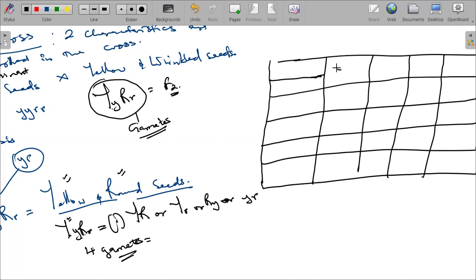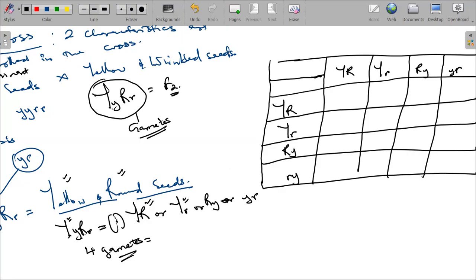So I can take YR, I'm taking this one. I can take the next one, YR, this one. I can take RY, and then the same again, small y and R. Here the same thing, I can have YR, I can have also RY, or I can have Y like that.